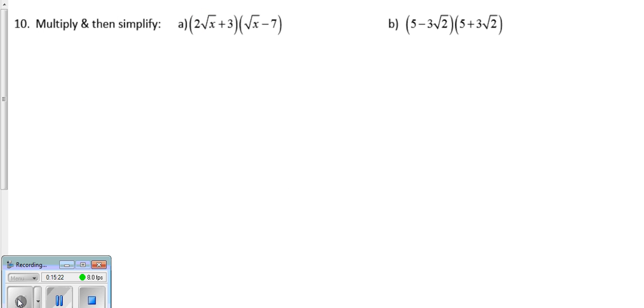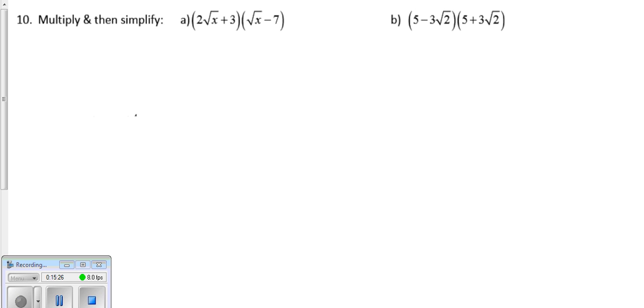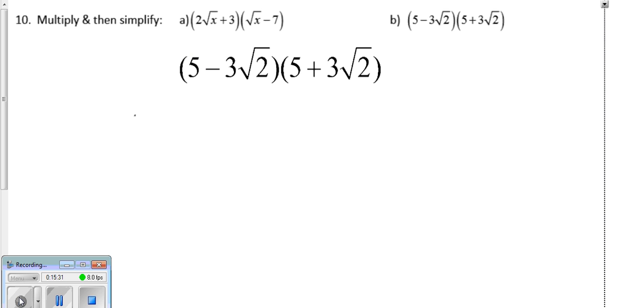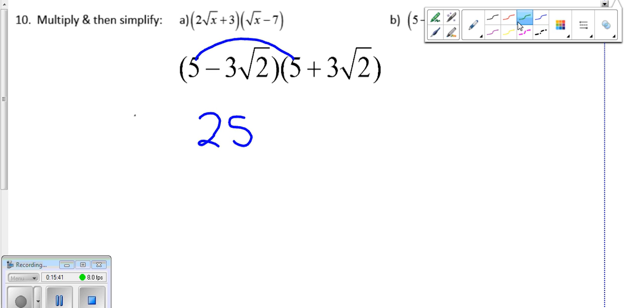so for B, I'm going to use FOIL or rainbow math for multiplying binomials. Okay, so we have 5 times 5 is just 25. We do each term in a different color. Okay, 5 times 3 times the square root of 2.